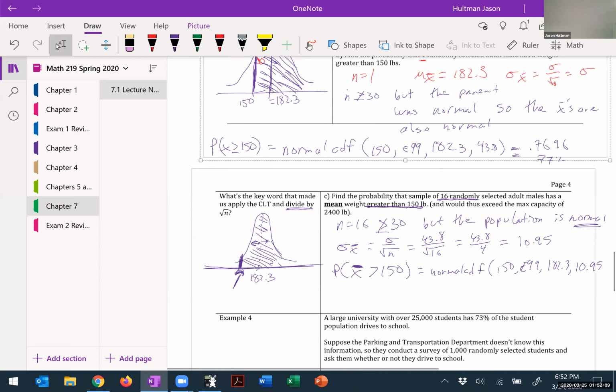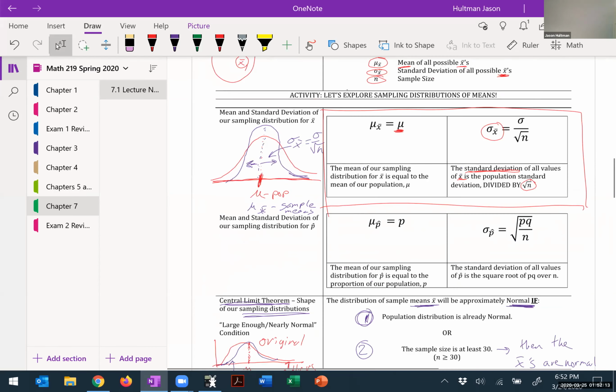Okay, let's talk about sample proportions. How do sample proportions differ from sample means? Well, they're not too different.